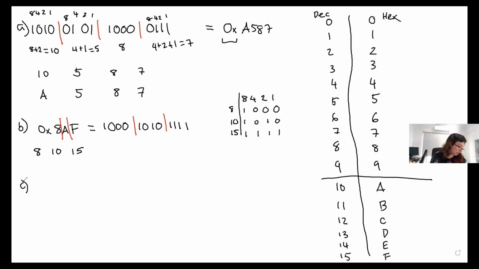Our last one asks us to convert this hex number, DC, to decimal. The easiest way to do this is to remember that this is actually a base 16 number. If we write out what these numbers mean, D means 13, C means 12.